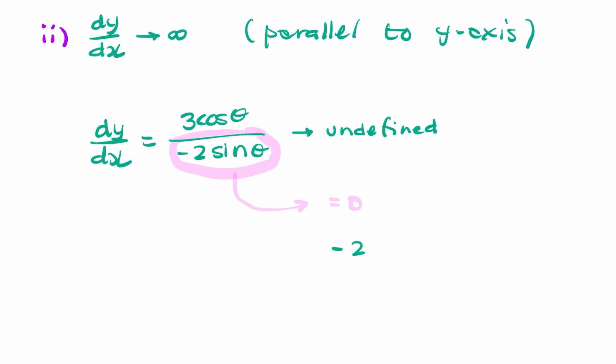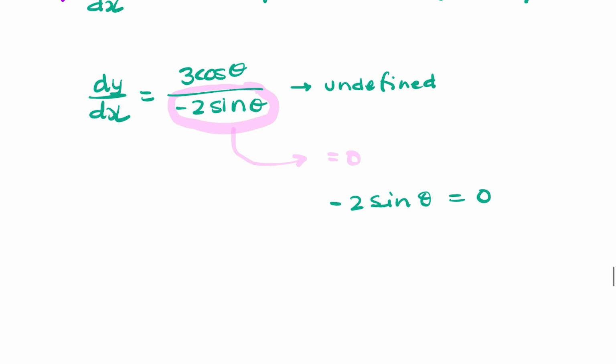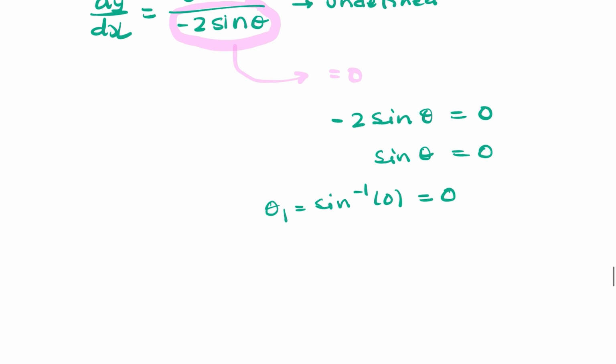So negative 2 sine theta has to be equal to 0, so sine theta is equal to 0. So theta 1 is sine inverse of 0, which is 0. And theta 2 is pi minus 0, which is pi. So these are our two solutions for theta, 0 and pi.